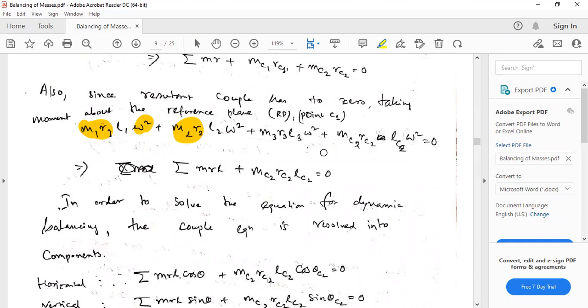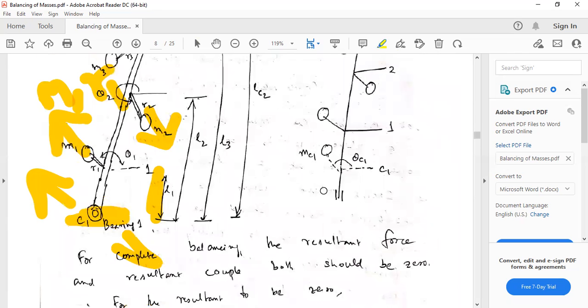So you have understood this. Here we have to add these three forces now, m r l. These are actually couples. One more thing: for this mc1 force there is no length, because we have taken the reference here itself.